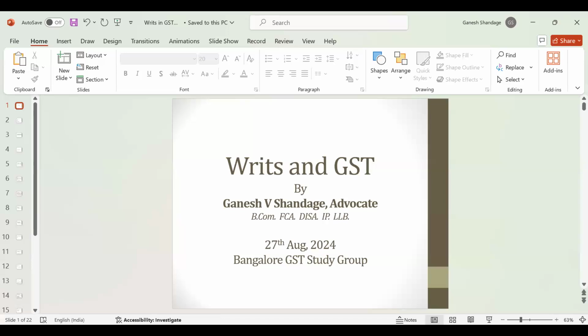One advantage of High Court, as Ganesh was mentioning, is that Article 226 has a wider power than Article 32 because it can also go to other legal rights. That is also one important thing to keep in mind. And when we go to High Court with a writ petition, it's an extraordinary jurisdiction, not a regular appeal jurisdiction. So we have to be very careful and clear in our approach and in what relief we ask.